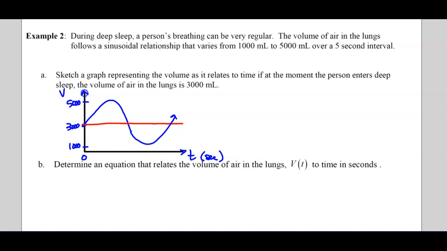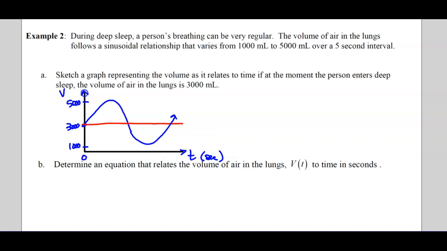Okay, minimum, maximum, yeah? It'll be obvious on a test if you have to do it. Okay, this one you could actually go down, right? Because maybe if you're not sure entering deep sleep, if you're actually breathing in at that point.